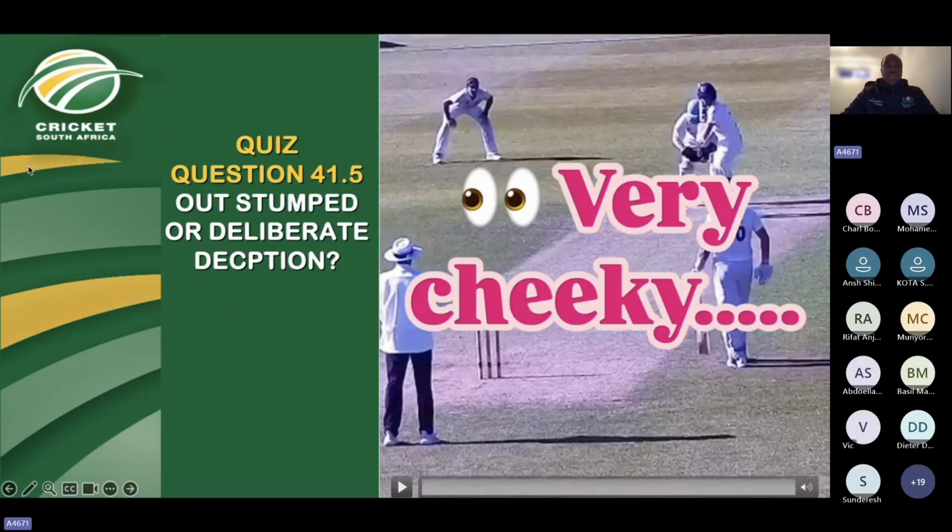You need to tell me: is the striker out-stumped, or was there a deliberate deception by the wicketkeeper, so that we go straight to punishment, as Abdullah taught us earlier in the lecture? You can already type 41.5 into the chat box, and then the rest of your answer after you've seen the scenario. Here goes.